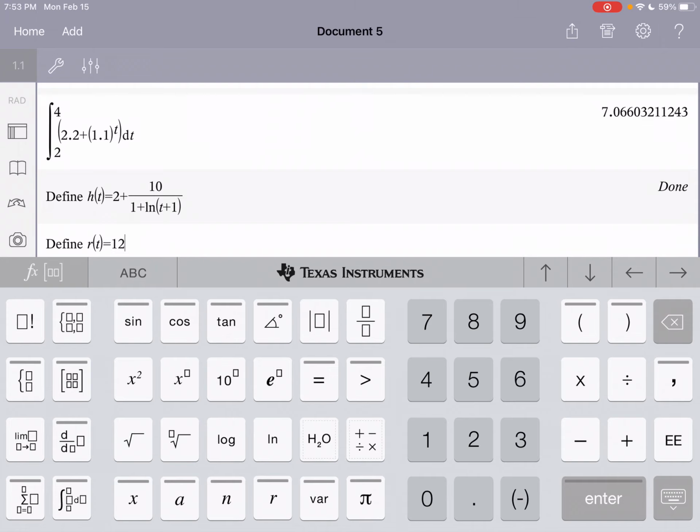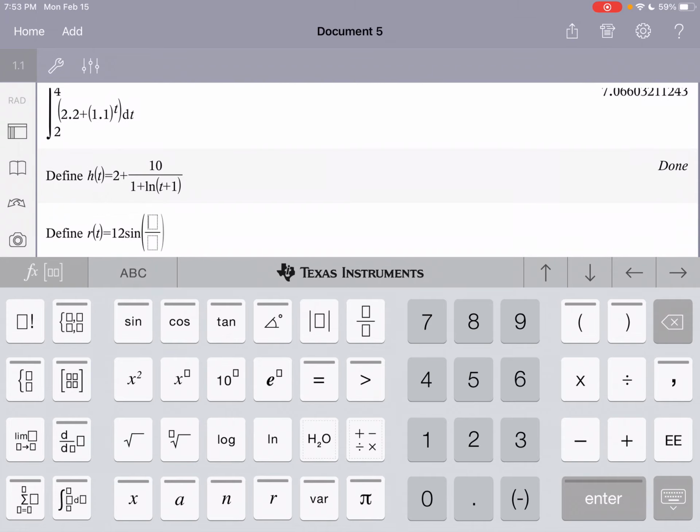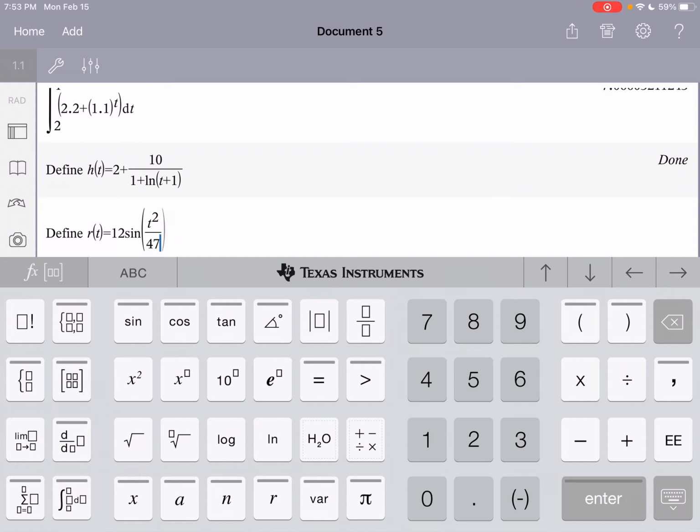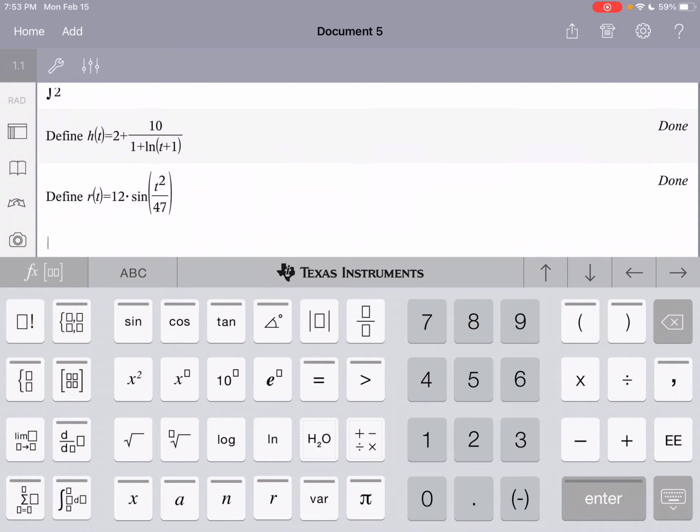So 12 times the sine of a fraction, t squared all over 47. We're in pretty good shape right now, so we will hit enter.